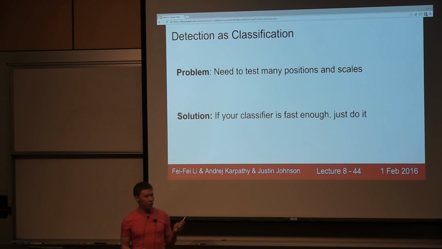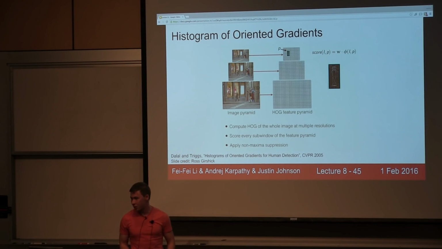Right? So like we said, a problem with this approach is that there's a whole bunch of different positions we need to evaluate. The solution, as of a couple years ago, was just to use really fast classifiers and try them all. Actually, detection is a really old problem in computer vision, so you should have a little more historical perspective.